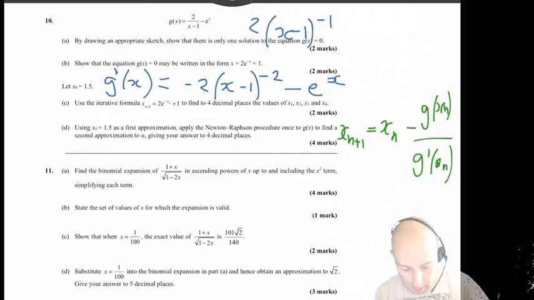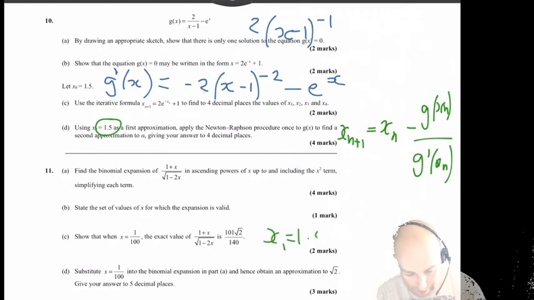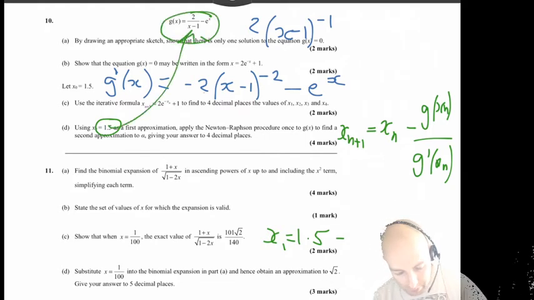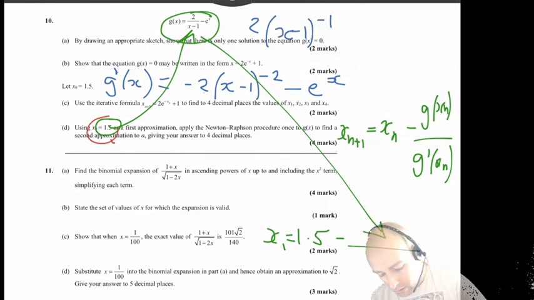So we're basically going to put in our starting value of 1.5. So we're going to get our first x value is 1.5, take away, put 1.5 into the original equation and write that here, over, put 1.5 into the differential equation and write that here.